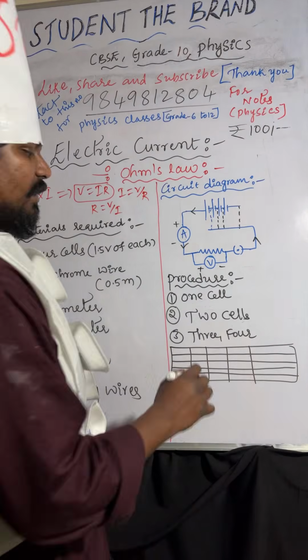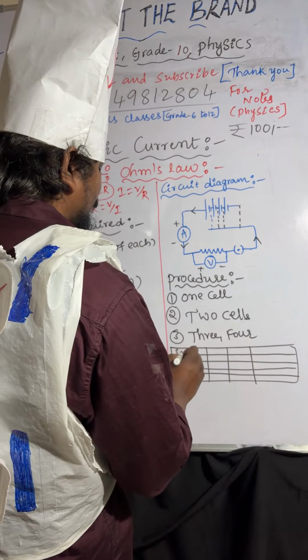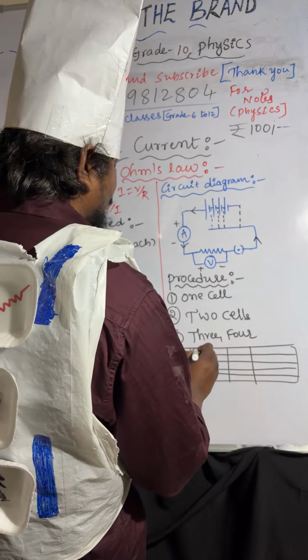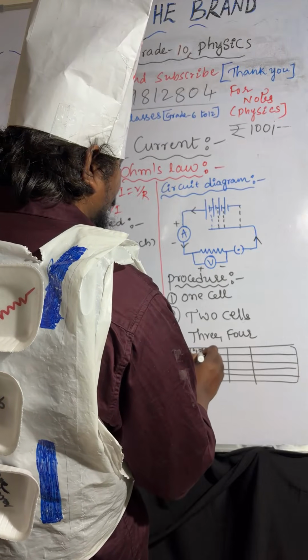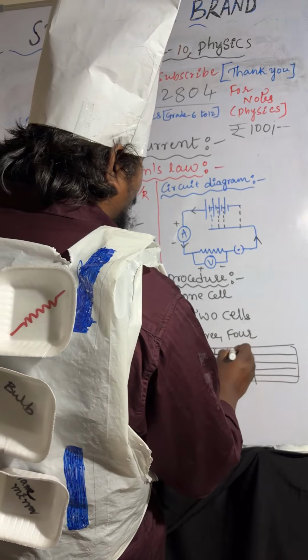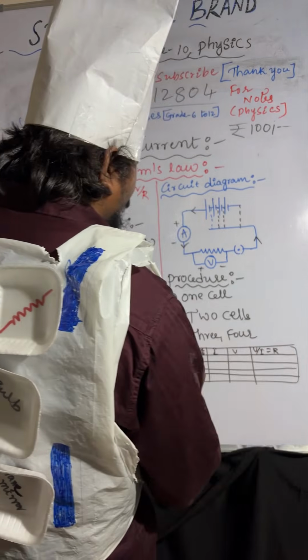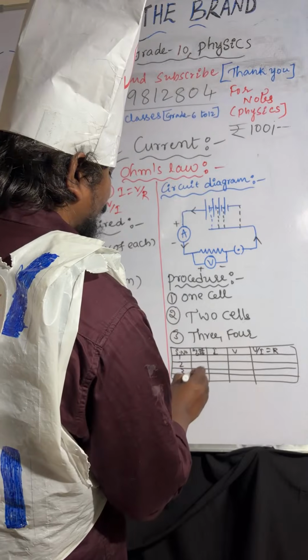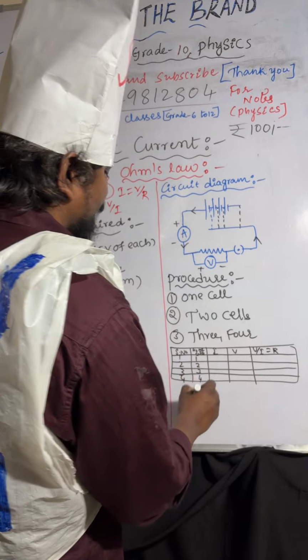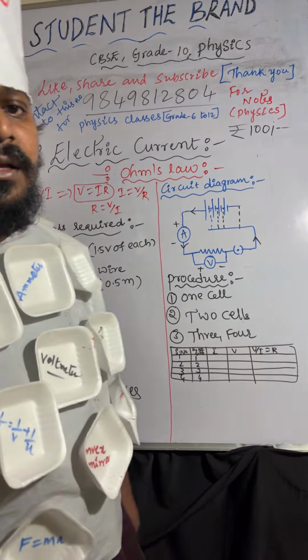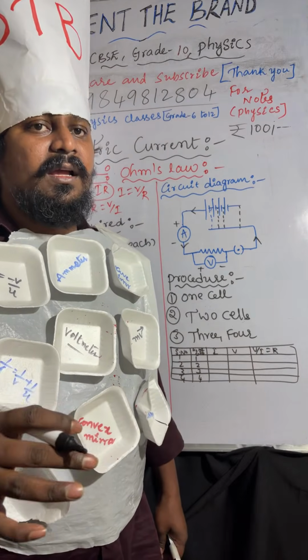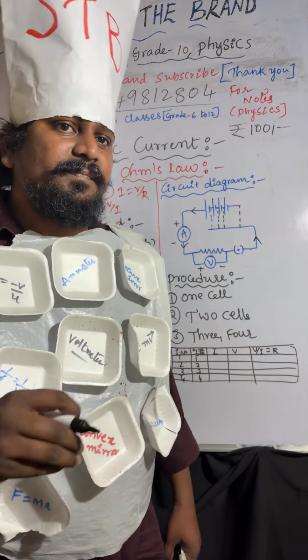Ammeter reading is current, voltmeter reading is potential difference, V by I equal to R. So 4 cells. And draw the graph for VI.